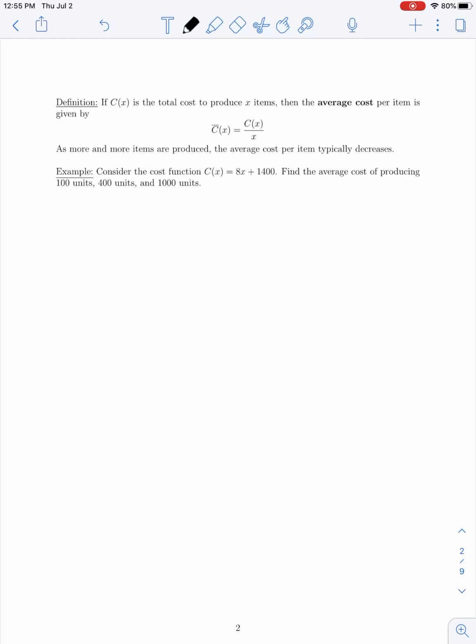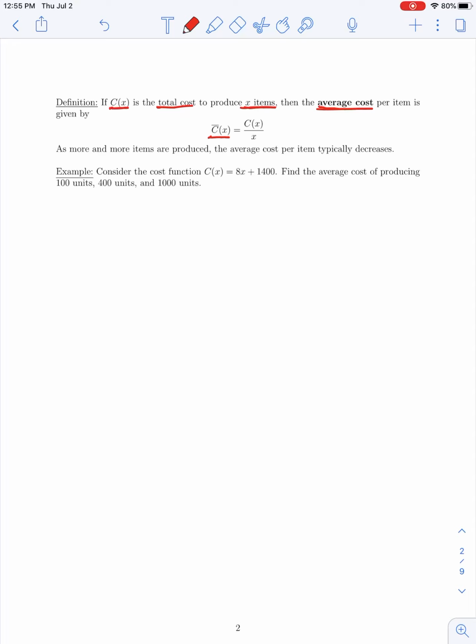Now, in the next example, we'll consider what's called the average cost function. So let's start by defining it. So if C of x is the total cost function of producing x units or x items of some quantity, or of some object, then the average cost per item is given by the function which is denoted as C bar of x.